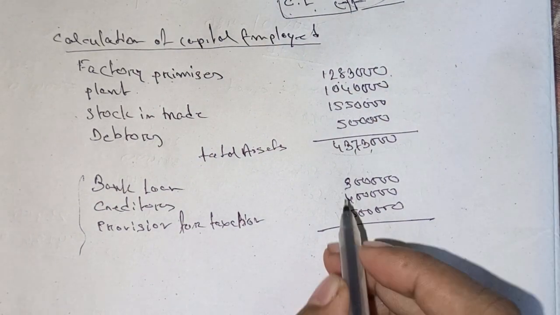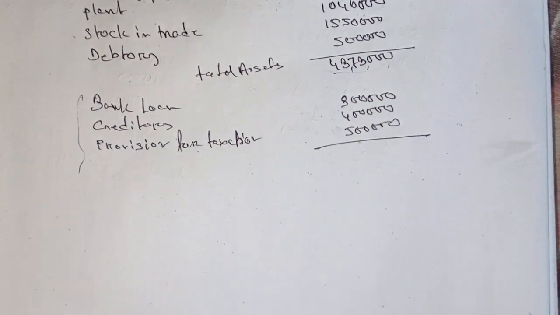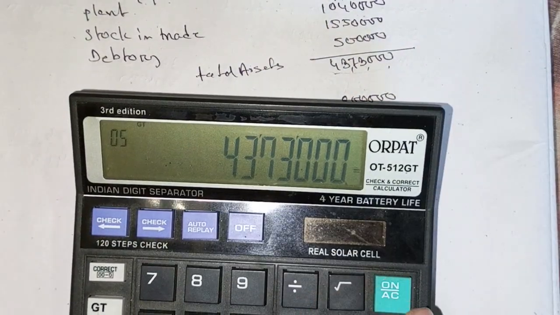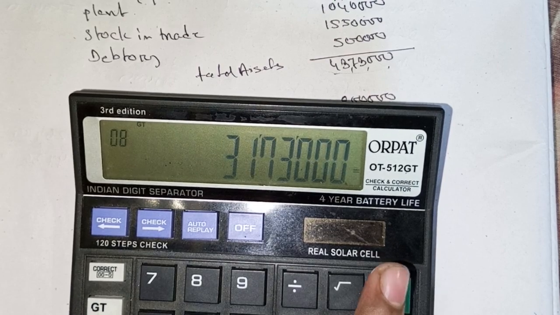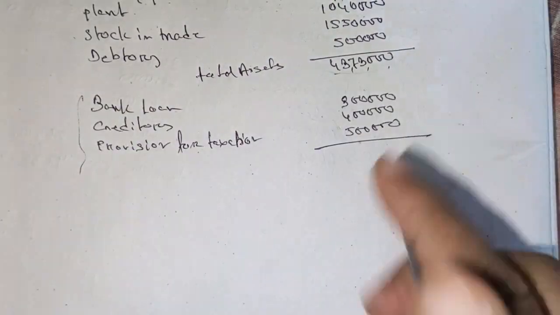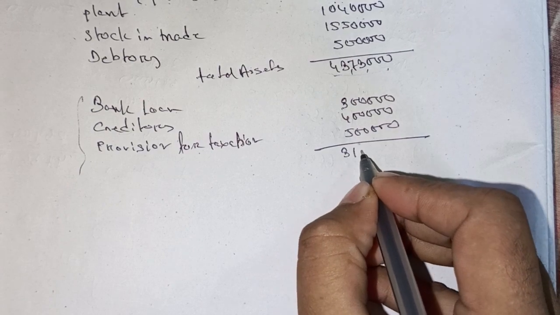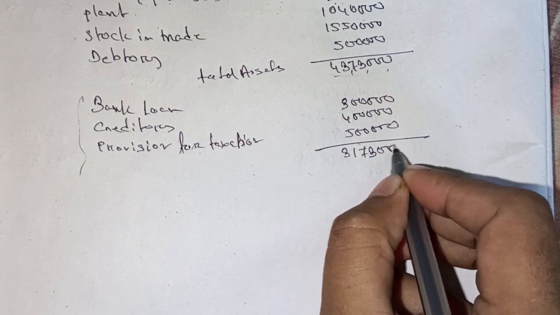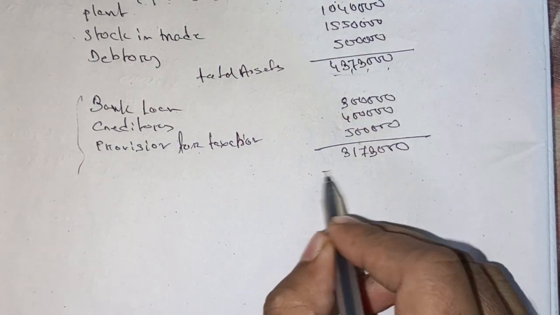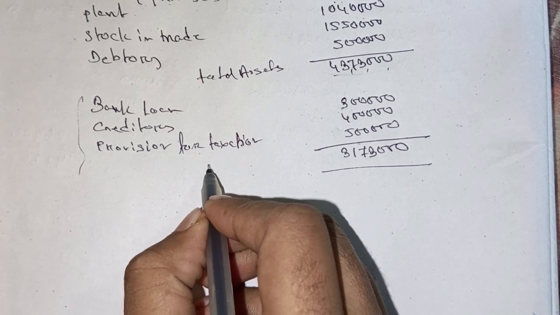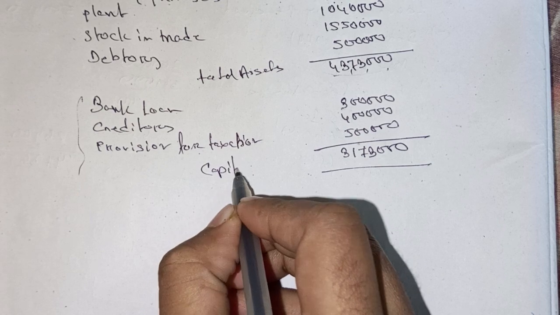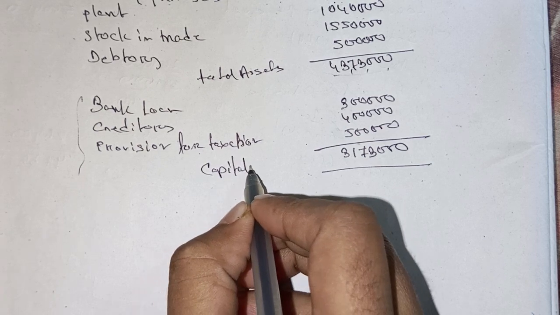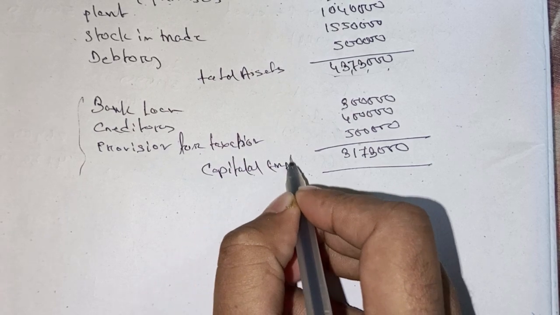So if I deduct 12 lakh from this amount, what will be our answer? Minus 12 lakh, 31 lakh 73,000. It will be our capital employed.